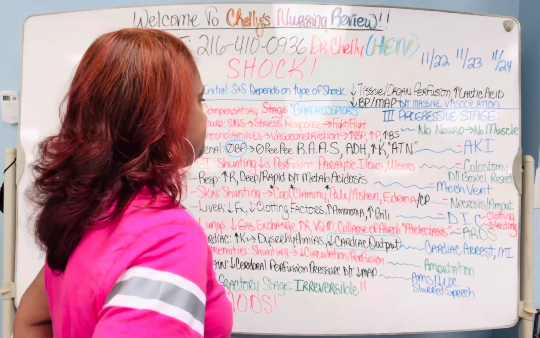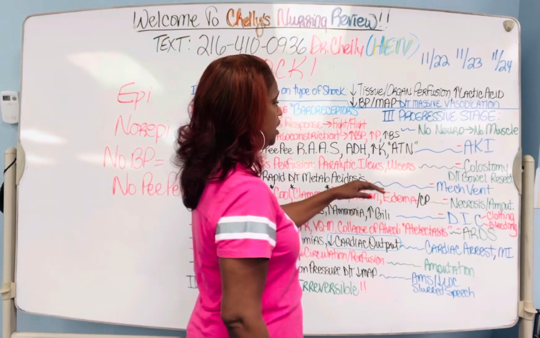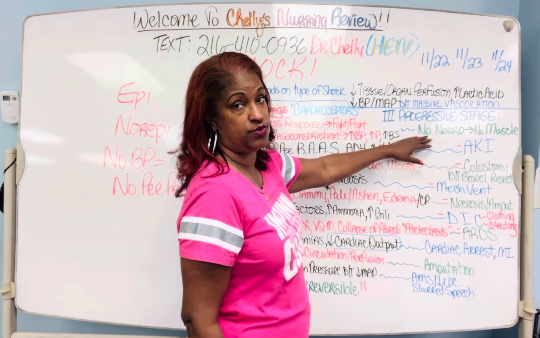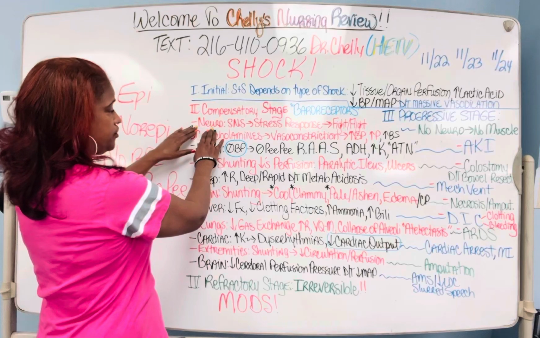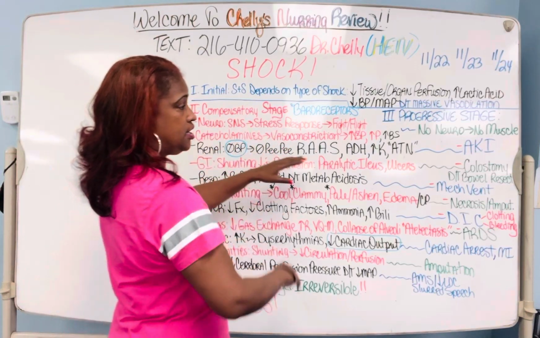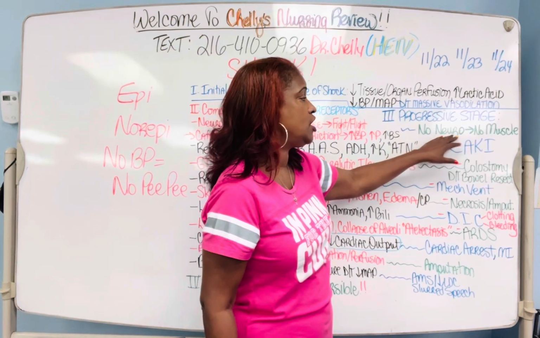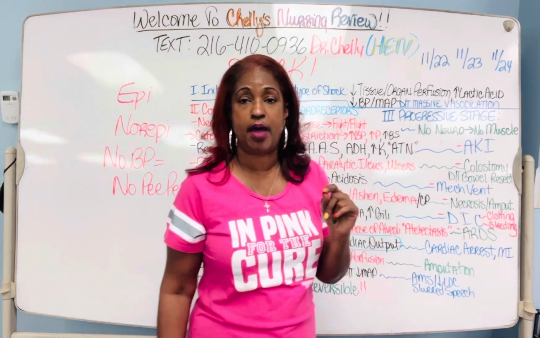So here we go. When you have neuro issues, and remember, we started off with neuro trying to compensate, but eventually even the nervous system is not going to be perfused. No neuro, no muscle. Just remember that nerves innervate muscles.